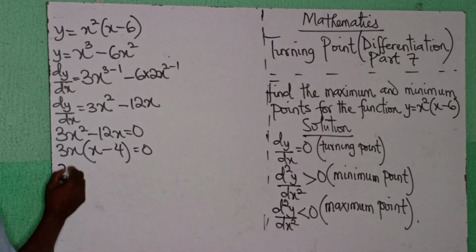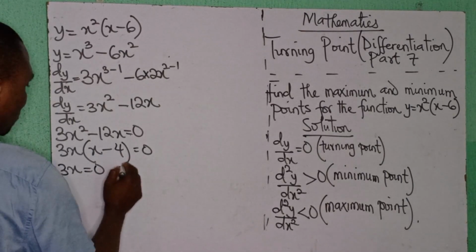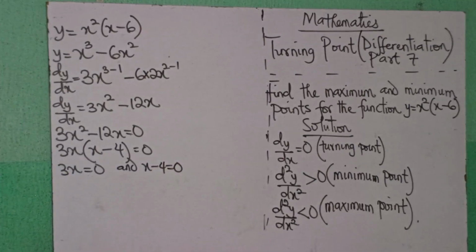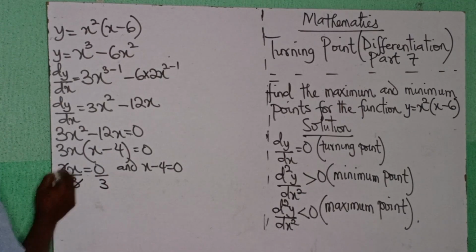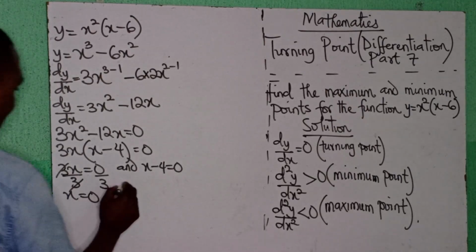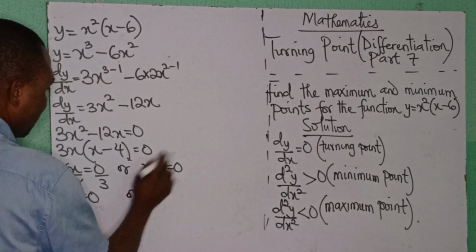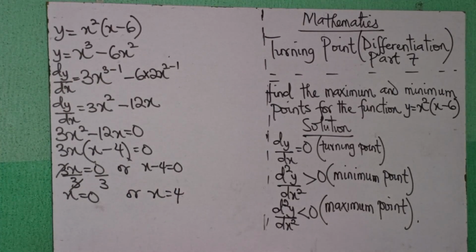So it's going to be 3x equals 0, and also x minus 4 equals 0. Divide both sides by 3, 3 cancels 3, x equals 0. Or, minus 4 comes here, it becomes 4. So our x equals 0 or 4.